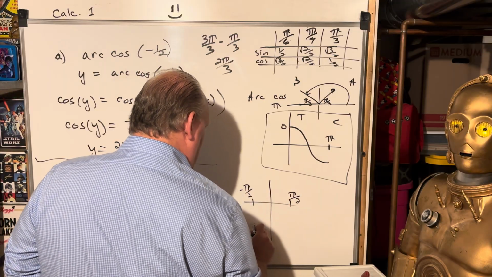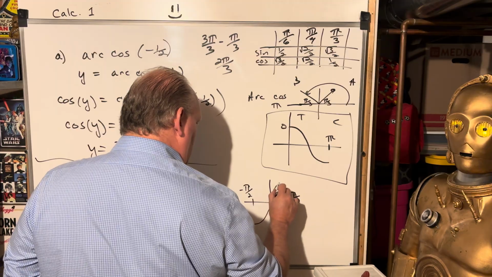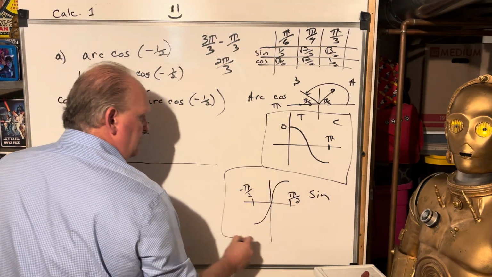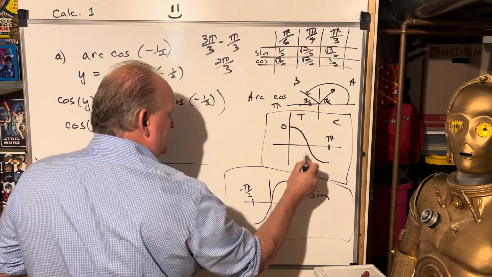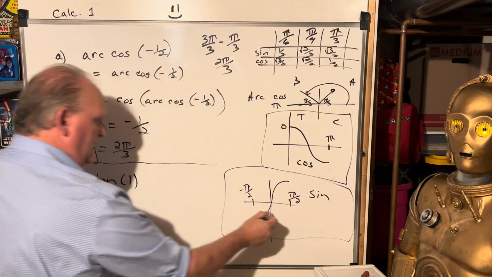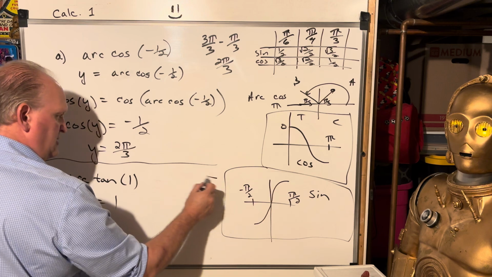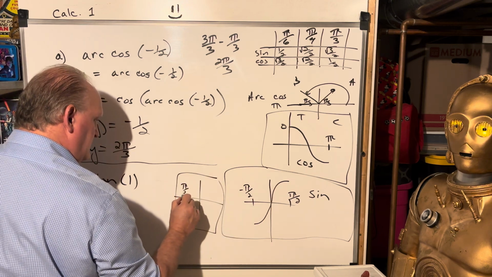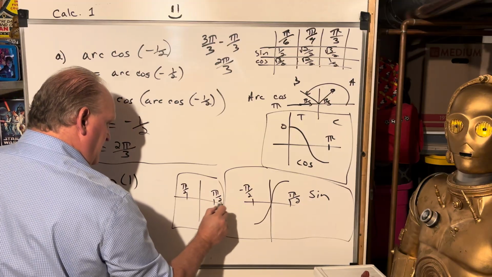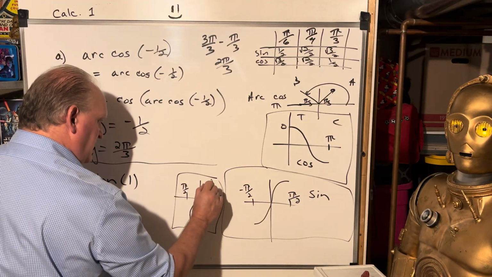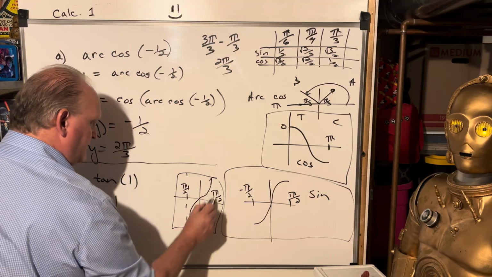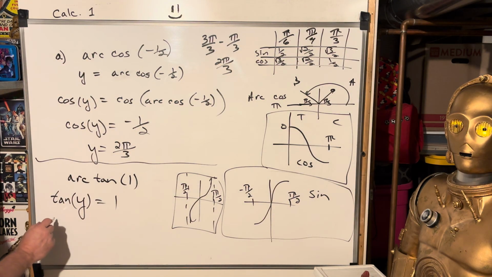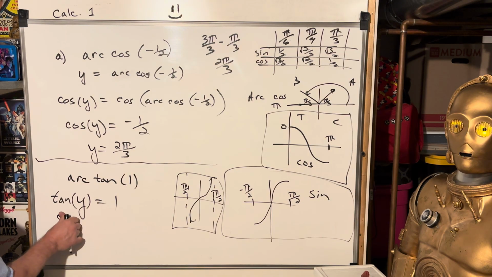For the sine curve, it looks like this for principal values. This was the cosine curve. That's the sine curve. For the tangent, it's the same: negative pi over 2 to pi over 2. All the principal values for tangent go like so. And they want to know when is tangent 1.